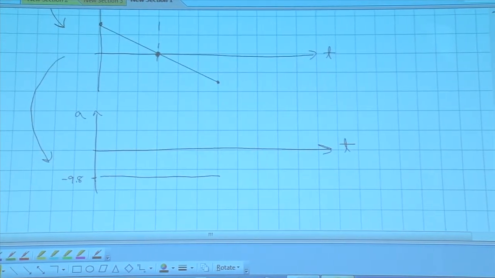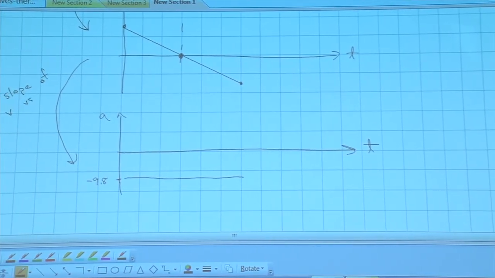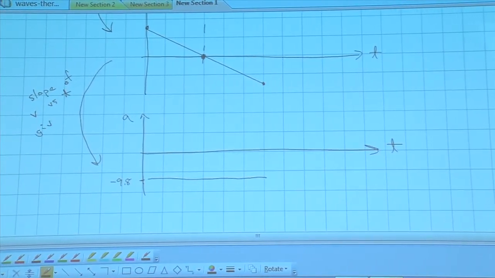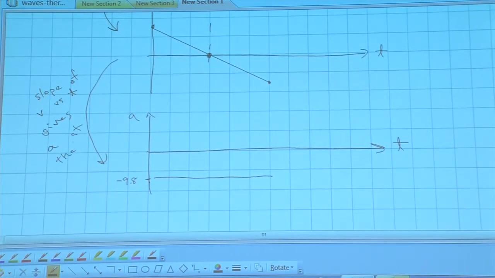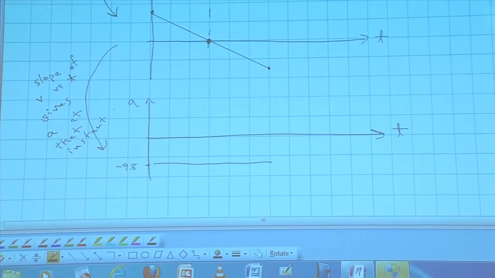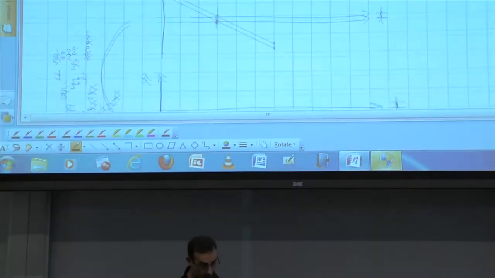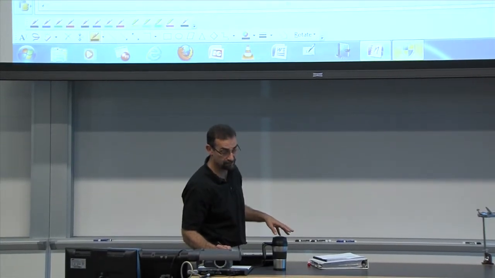The slope of v versus t gives acceleration at that instant. Okay, so you see how you're going down from position to velocity to acceleration. You can look at the slope, and that helps you fill these curves out.